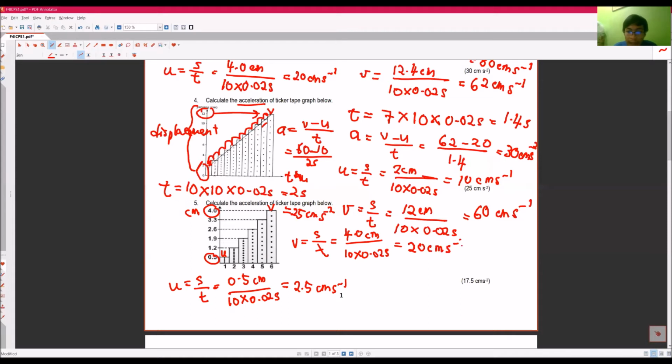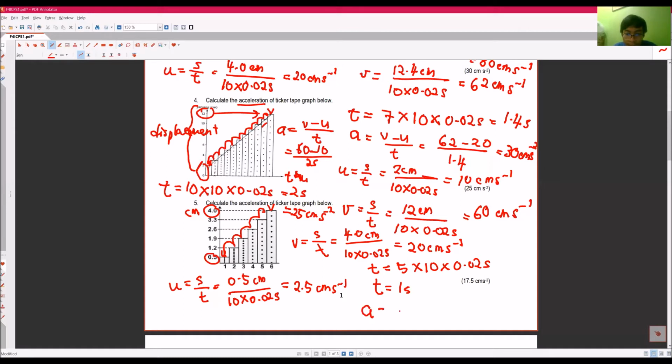So let's determine the time taken. Calculate the number of jumps. 1, 2, 3, 4, 5. So 5 jumps, each jump has 10 dots. Each dot has 0.02 second, so 1 second.